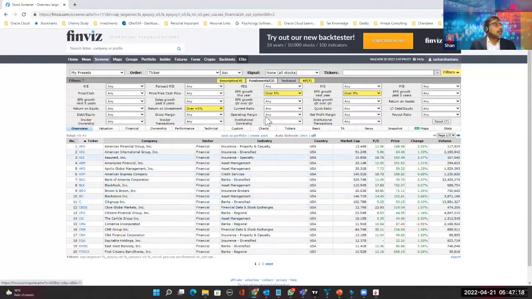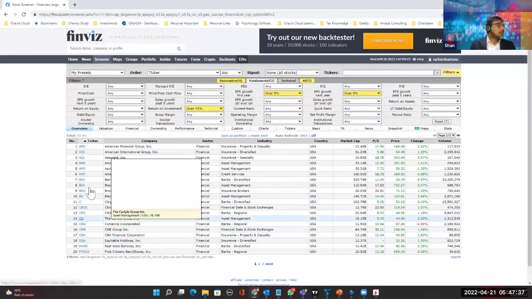And then you can select other criterias, like say current ratio. It's a financials company, so current ratio is important, and maybe somewhere book value. Okay, so let's say based on these criterias, I have got a list of 59 companies.